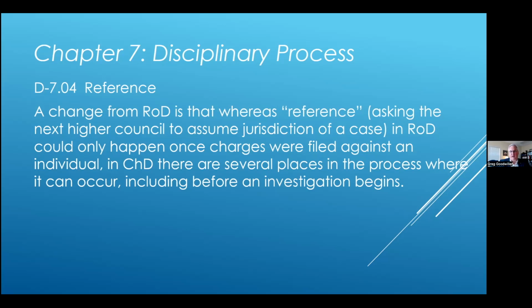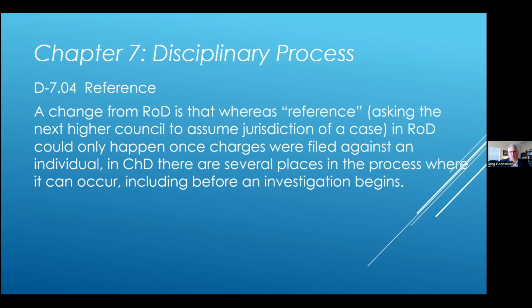To avoid that having to happen, we now allow reference to be requested in multiple places. One is before an investigation occurs. So now a church that receives a written allegation against a member can ask the presbytery to do the whole thing, to do the investigation and follow through and have a trial.